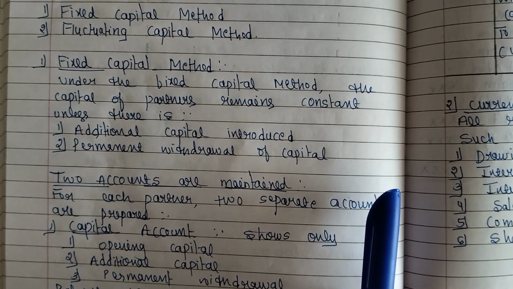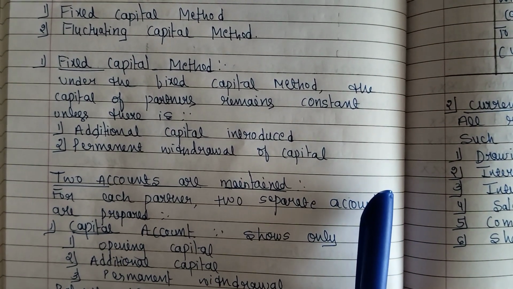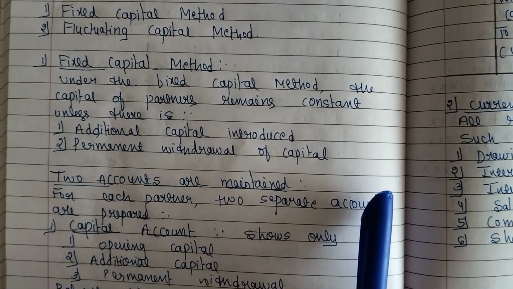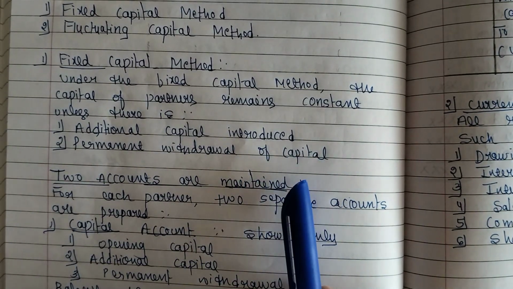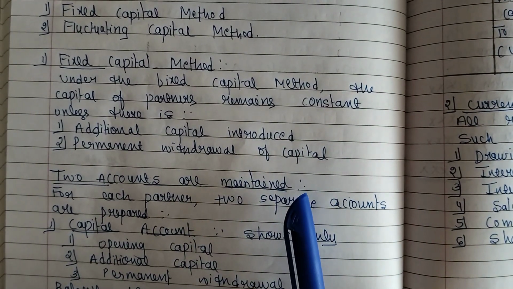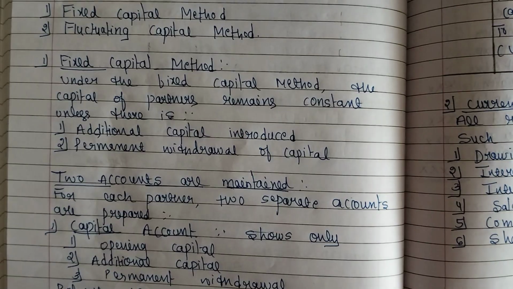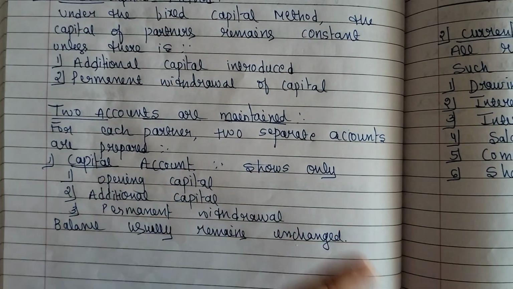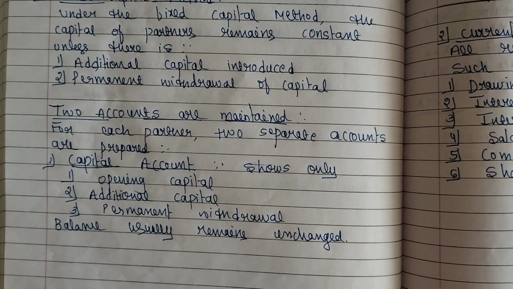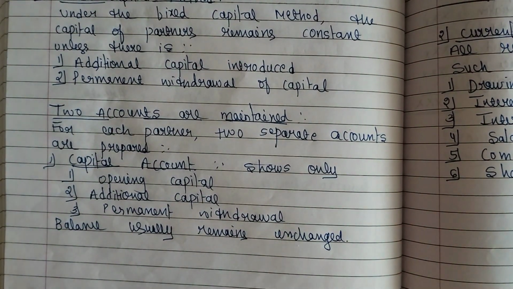So under fixed capital method, capital of partners remains constant unless there is additional capital introduced or a part of the capital is withdrawn as per the agreement among the partners.